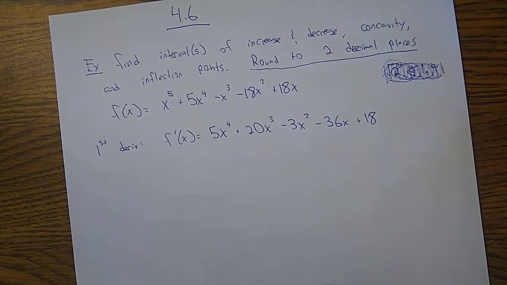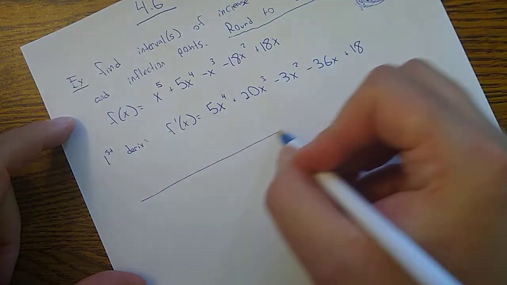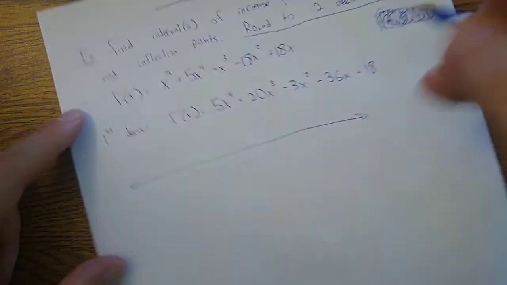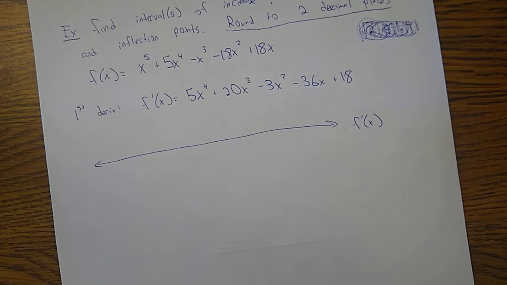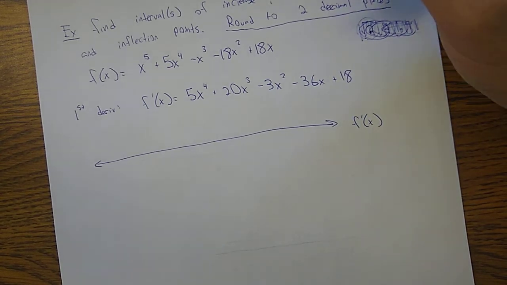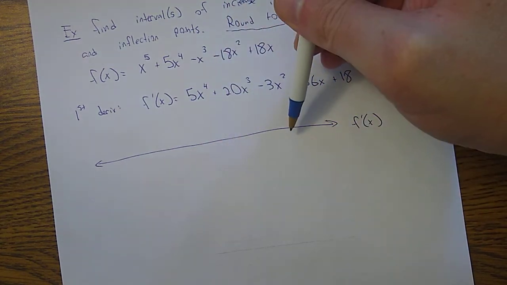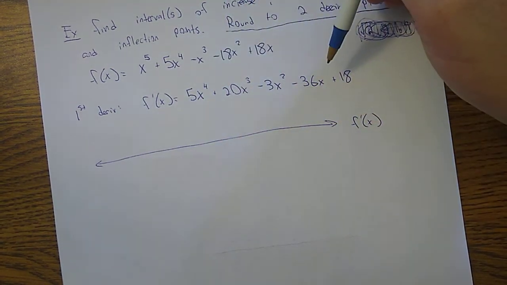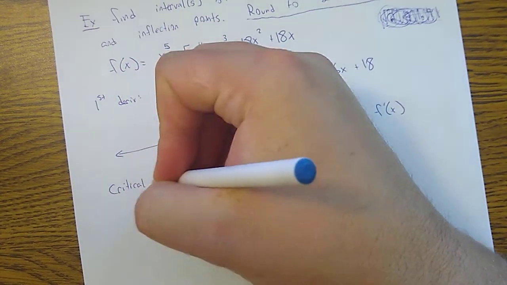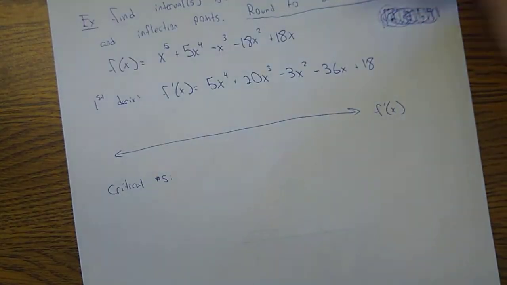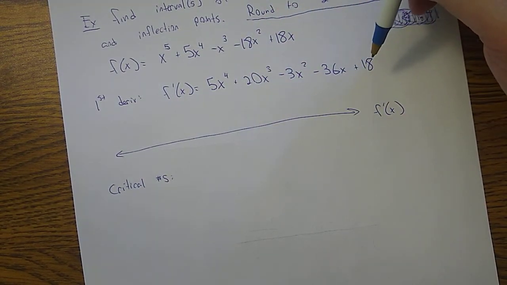And now what we did before is we made a number line, which we labeled with f'(x). I would like to label any points on this number line that are critical numbers. Critical numbers are where this is either 0 or undefined.